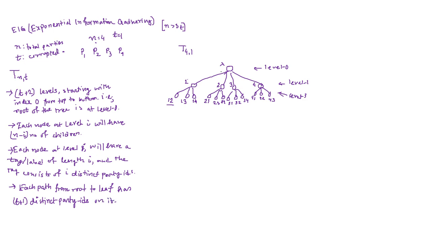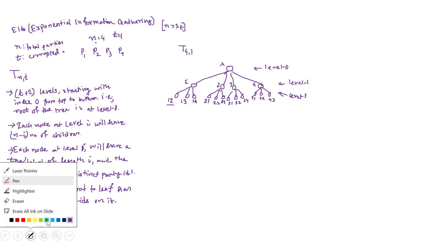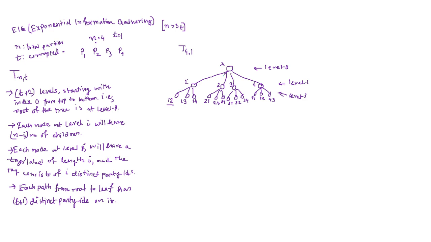For example, if I consider this path, it has 2 and 1, two distinct party IDs.